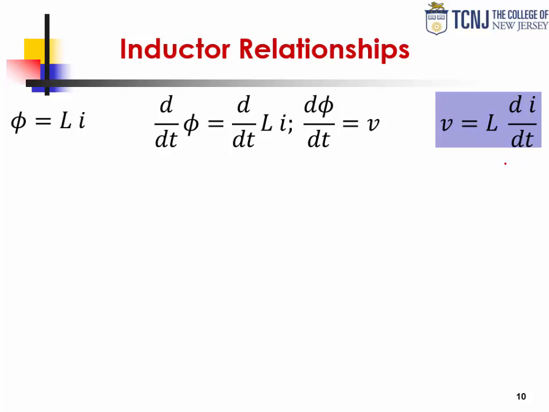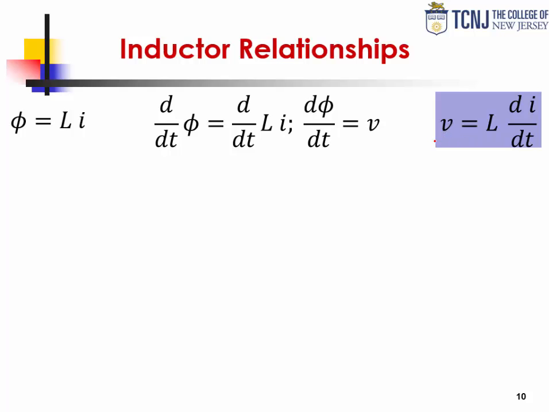So what are some of the consequences of this equation? Well, what happens in the presence of DC sources? We can see that if the current is not changing, if we have DC sources in the circuit, then this derivative is going to be zero and the voltage across the inductor is going to be zero.